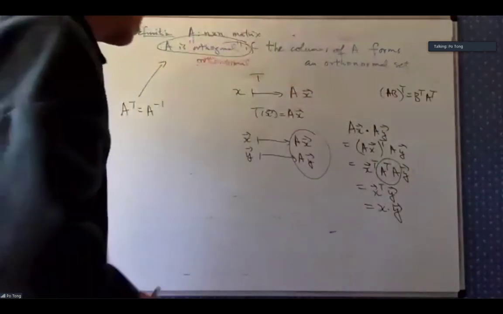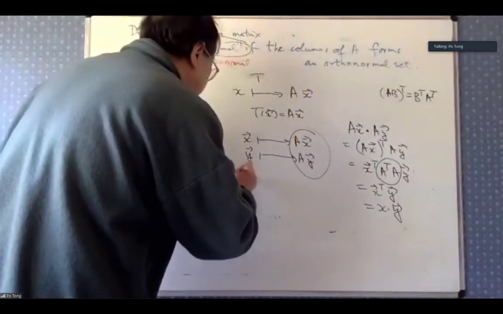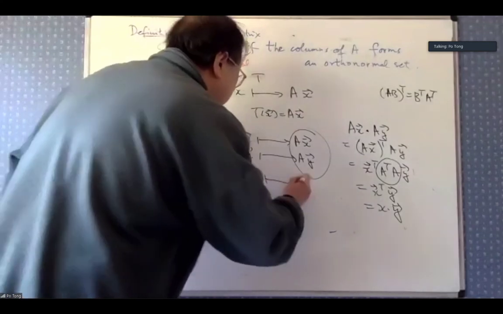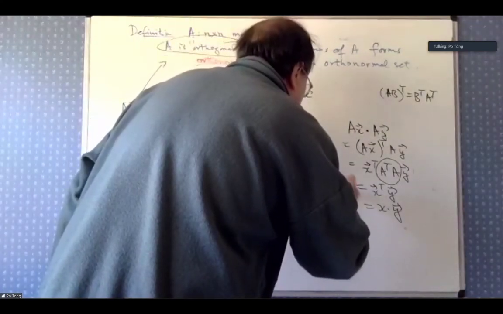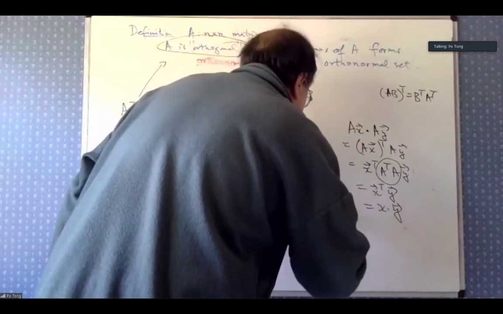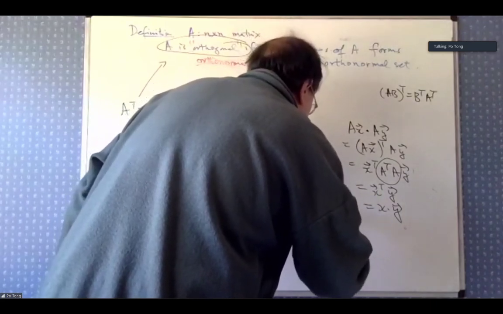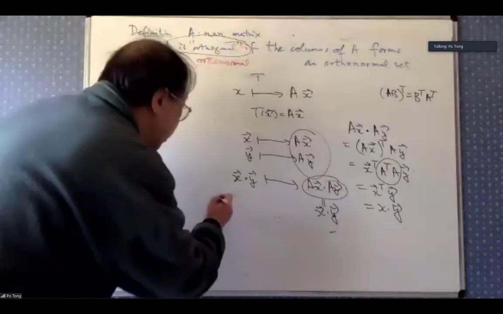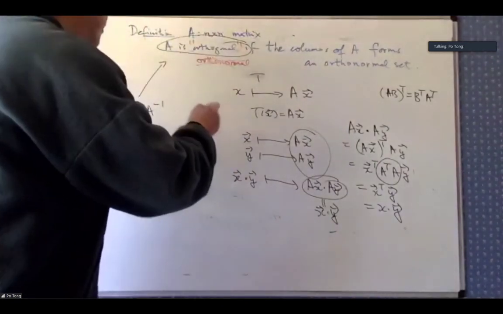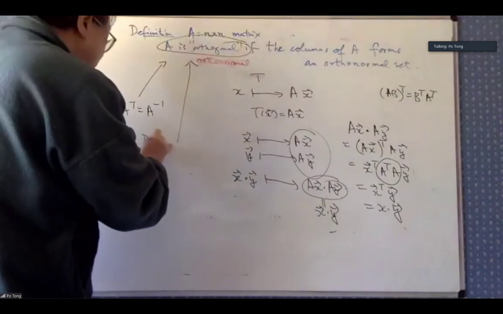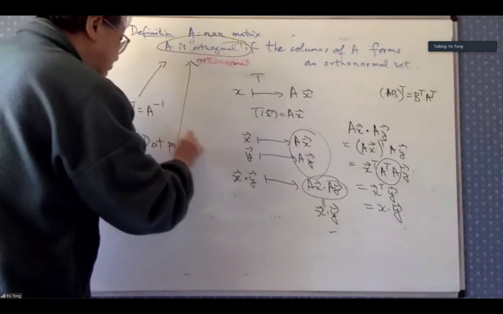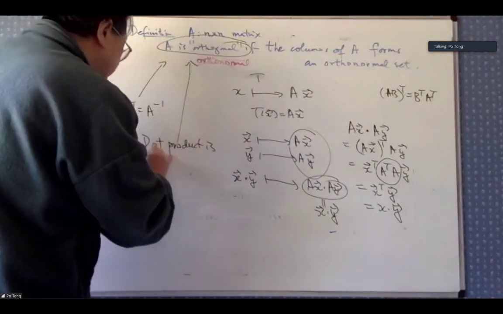Okay. So if you have a dot product x dot y, over here you have Ax dot Ay, but this is the same as the original x dot y. So when A is orthogonal, the dot product is preserved.